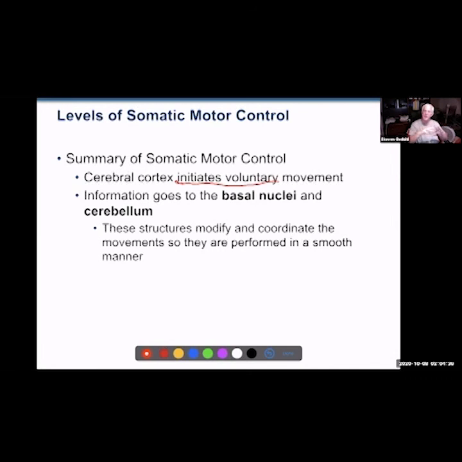The cerebellum analyzes it and smooths it out, so the information sent to the muscles is not this jerky pattern. It's this smooth pattern that makes you look coordinated. So the basal nuclei and the cerebellum receive information from the cerebral cortex. These structures modify and coordinate movements so they're performed in a smooth manner, so you can maintain your cool points among your friends.